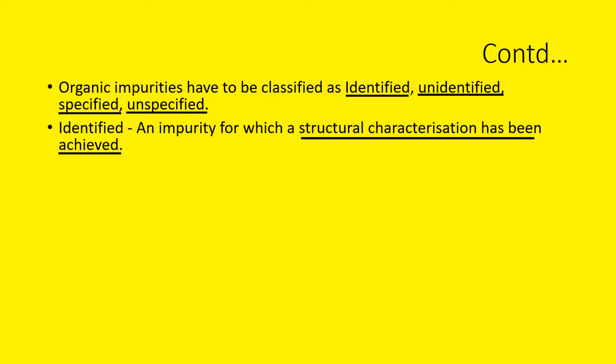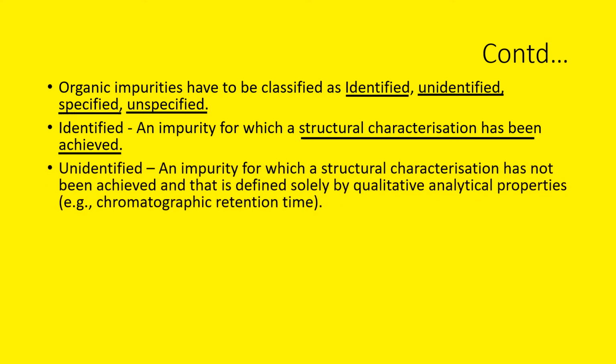Identified means it is identified with a specific structure. The structure has to be established by several tests like GCMS, HPLCMS, elemental analysis, proton NMR, C13 NMR, etc. IR and UV are also used for identification purposes.